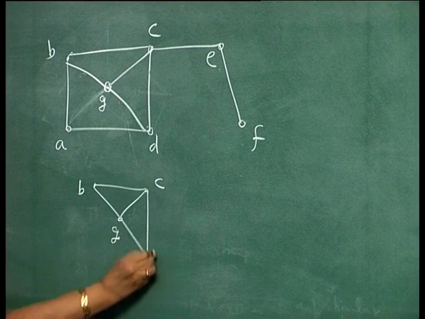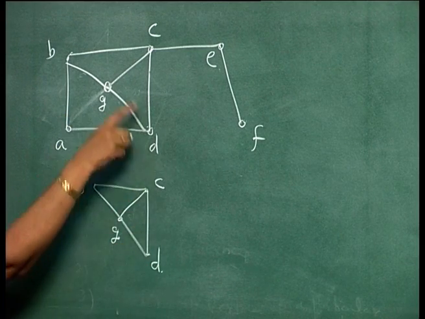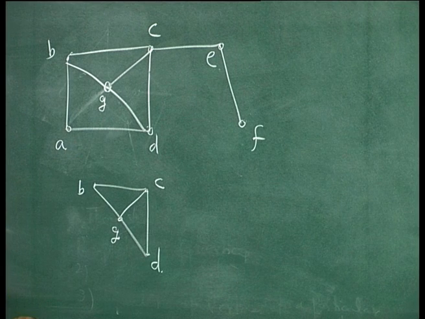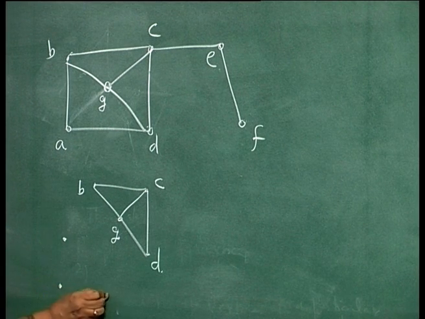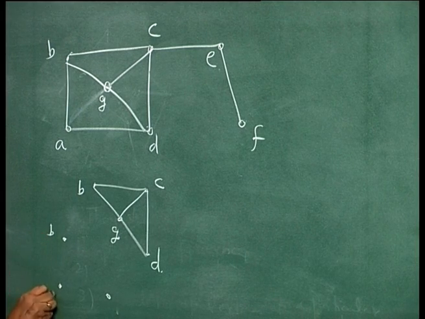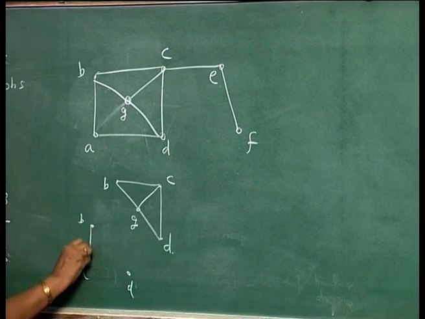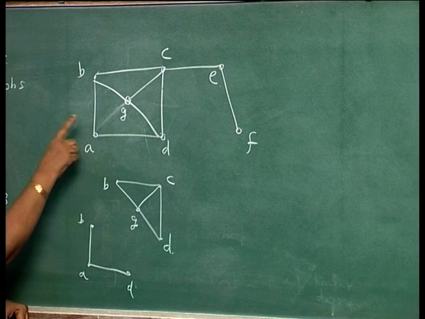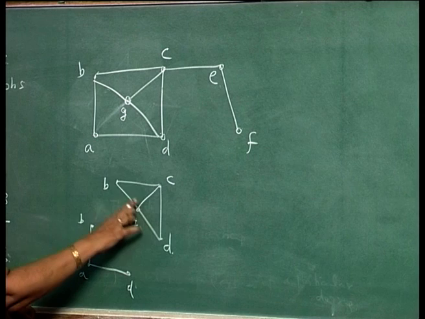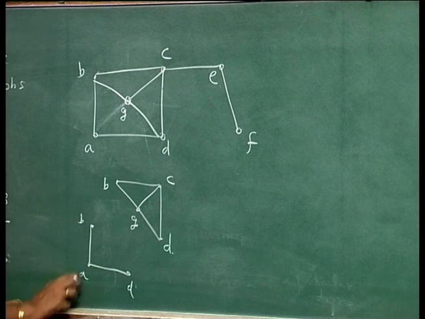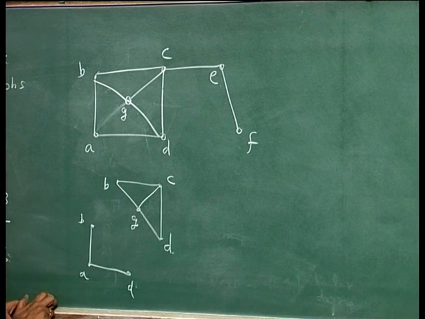B, C, D. This is a subgraph of this. Similarly, if you consider B, A, D, this is also a subgraph of that. These two are subgraphs and they do not have any edges in common.